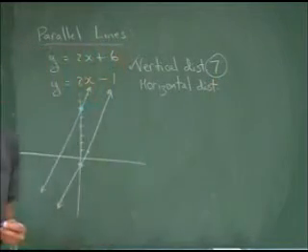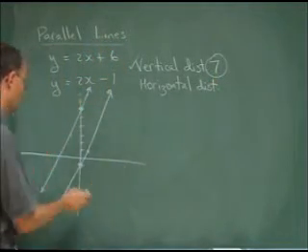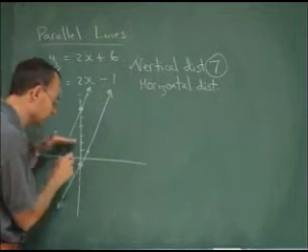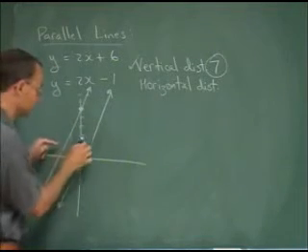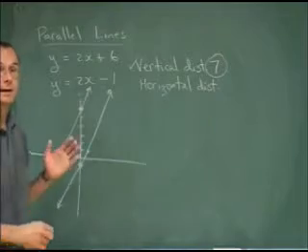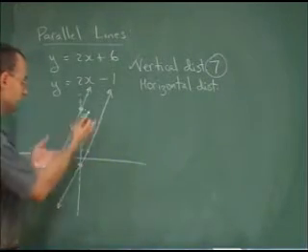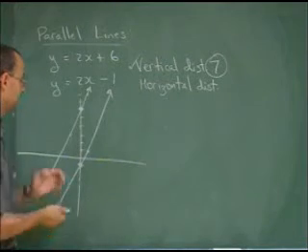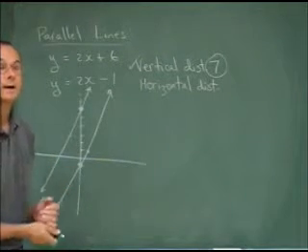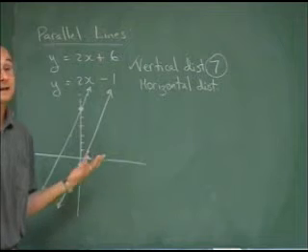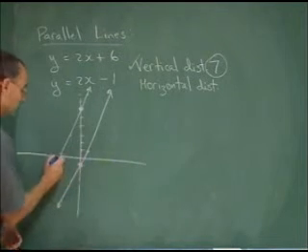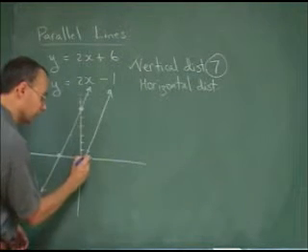With the horizontal distance, it's the same idea. You want to pick a point and figure out the straight across or horizontal distance to the other line. But which points do we use? Well, there's none that are easily identified off the graph. So we basically pick the next easiest thing to work with, and we try to figure out what these points are.